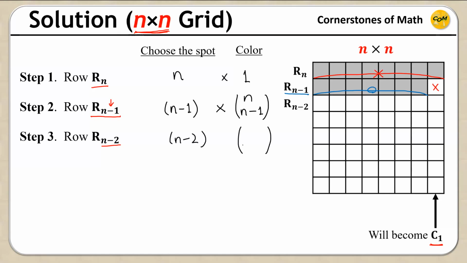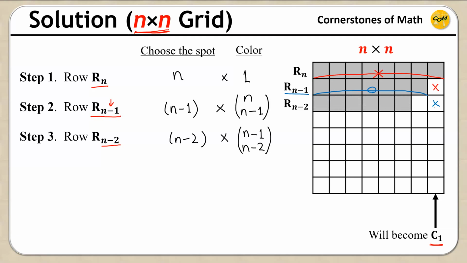That is, we choose n-2 columns from only n-1 columns. As for the example in the figure, this means that this spot right here never gets chosen to be colored.